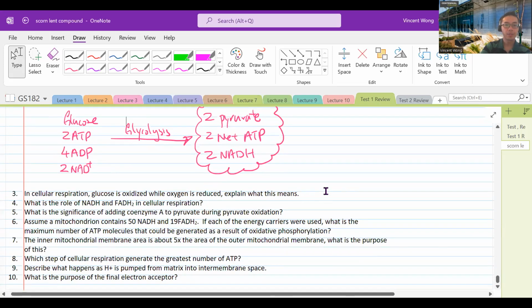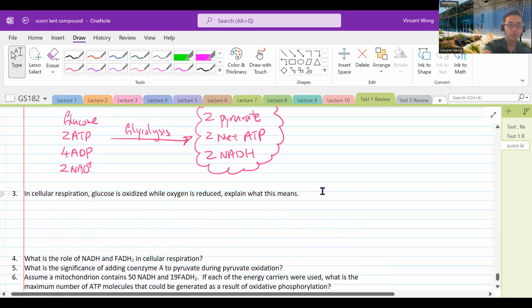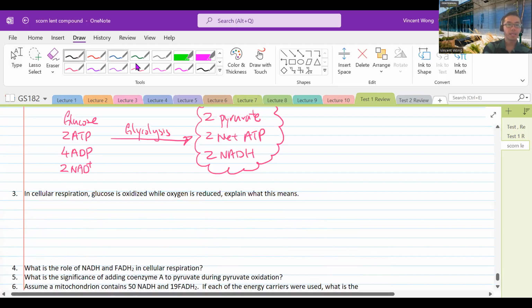In cellular respiration, glucose is oxidized while oxygen is reduced. So basically what that means is glucose will lose electrons while oxygen will gain electrons. There's a transfer of electrons from glucose to oxygen.